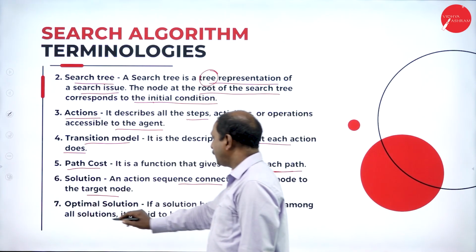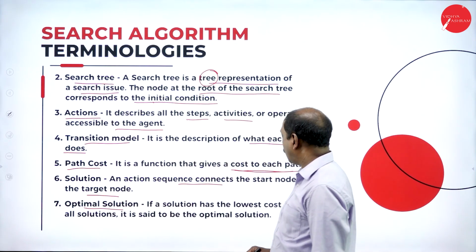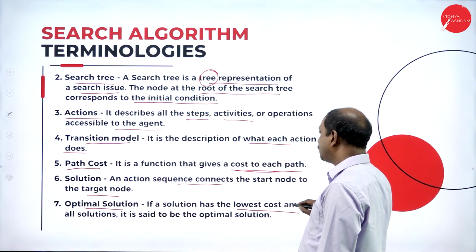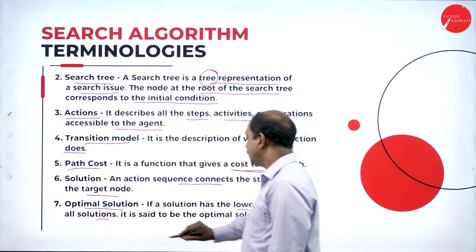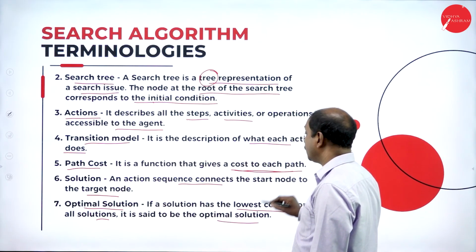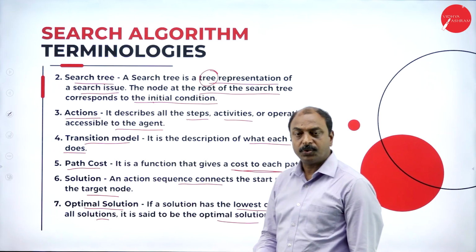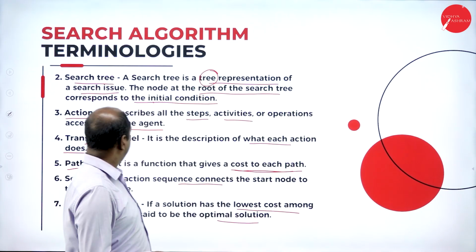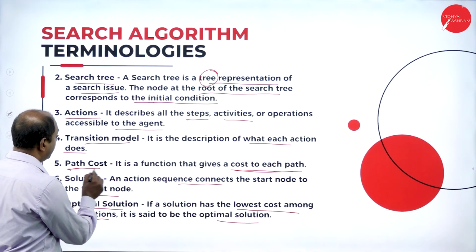Next one is optimal solution. So what is an optimal solution? If a solution has the lowest cost among all the solutions, it is said to be the optimal solution. Here every solution will have its own path cost, which you have seen in this point.